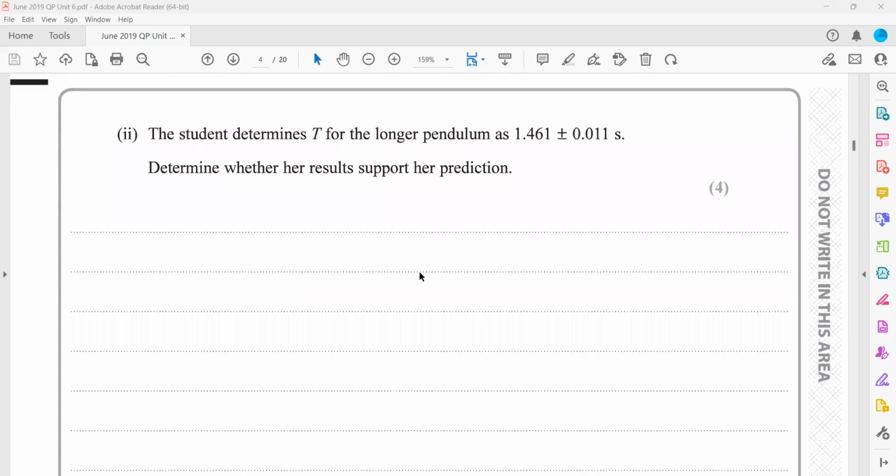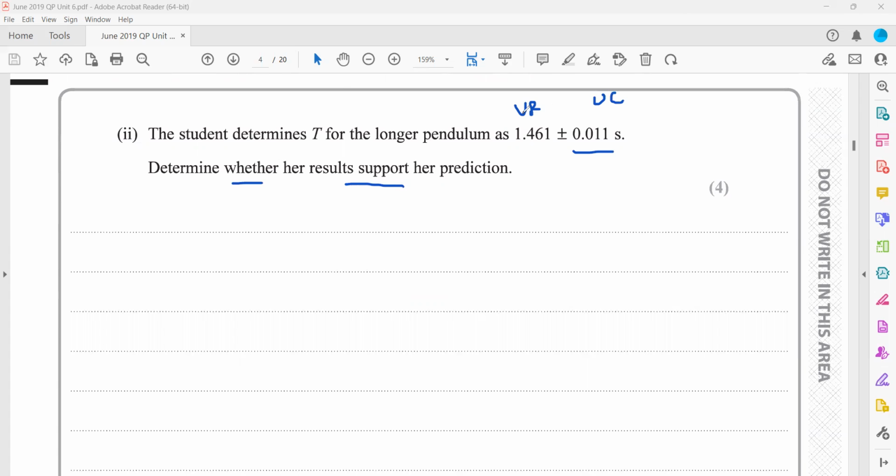The student determined the time for a long pendulum, and that is 1.461 plus or minus 0.011 seconds. That is the value recorded, and this is the uncertainty. Determine whether her results support her prediction.